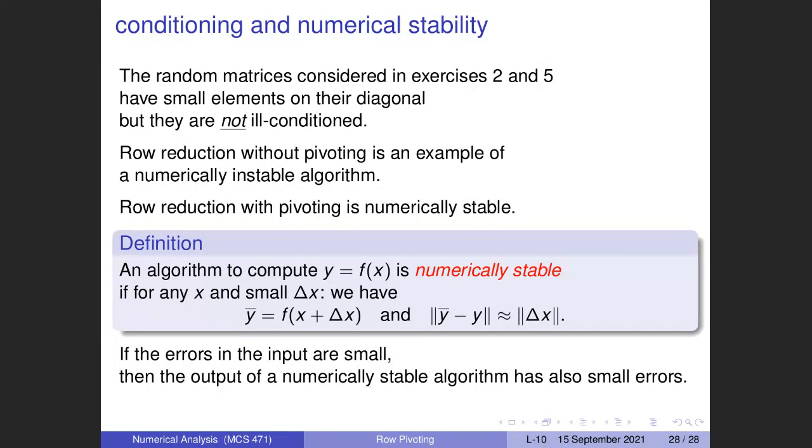All right, so this is the grand conclusion of this lecture. In this course, we care about efficiency and accuracy. We care about numerically stable algorithms that we execute on well-conditioned inputs.